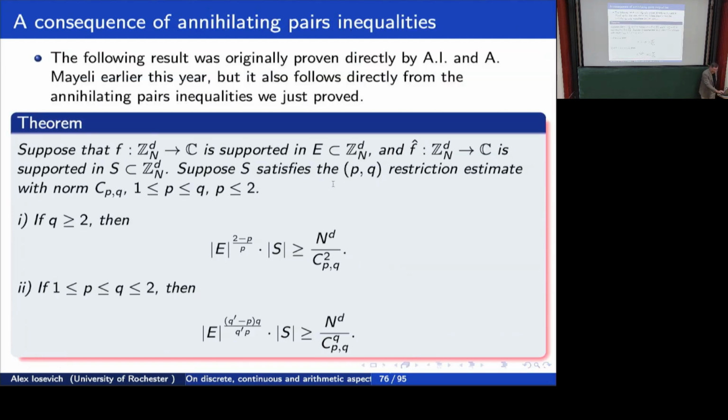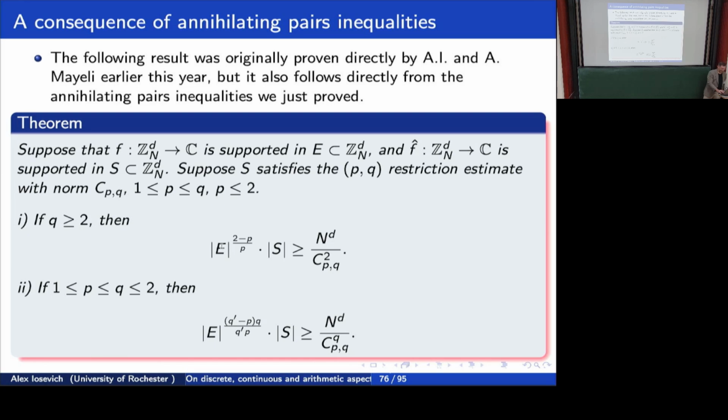So once again, you have F mapping Z and D to C. It's supported in E. Fourier transform is supported in S. Suppose that S satisfies a PQ restriction estimate with norm CPQ. Then if Q is above 2, so P is less than or equal to 2, Q is bigger than or equal to 2, then if the size of E to the 2 minus P over P times the size of S is bigger than or equal to n to the D over CPQ squared, okay?